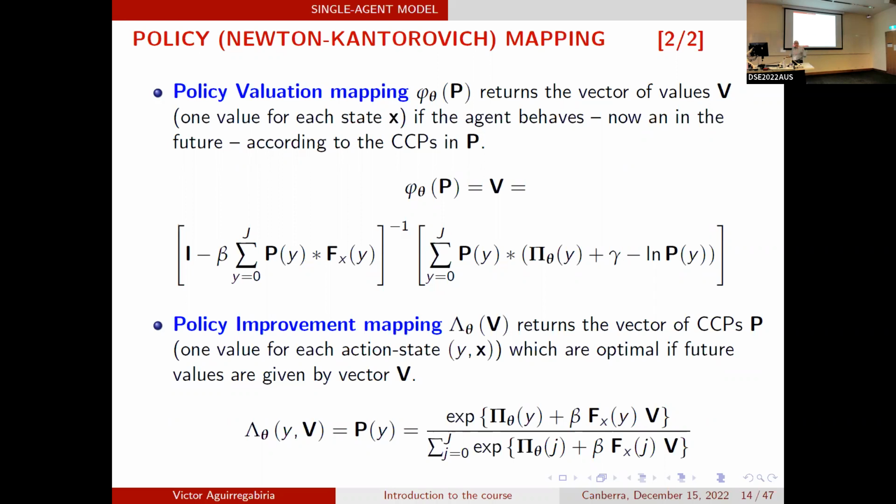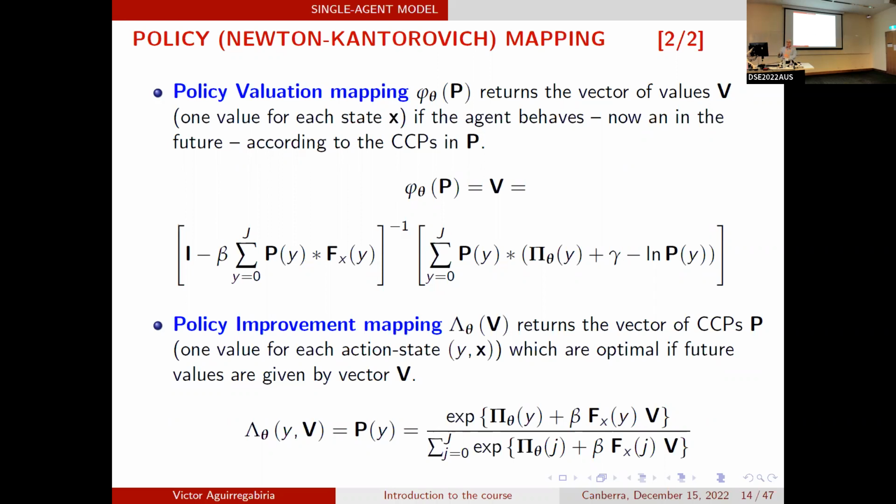You can see that the main computational cost here comes from inverting this matrix that has the same dimension as the number of state variables in the model, okay? Then the policy improvement mapping. Remember, the policy iteration mapping is the composition of this policy evaluation and the policy improvement.